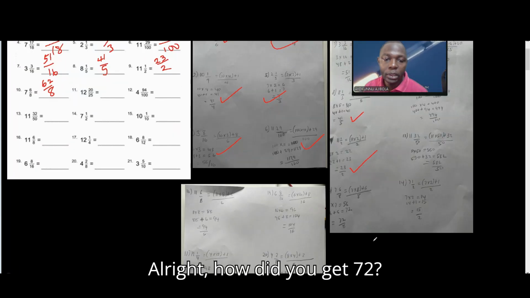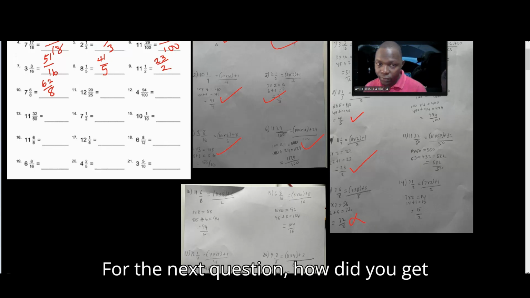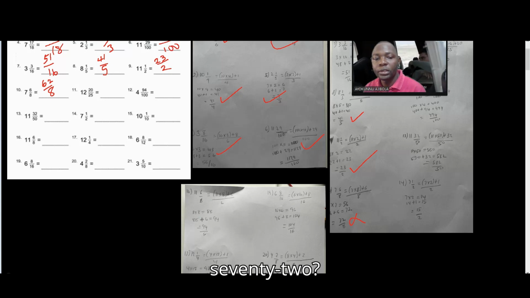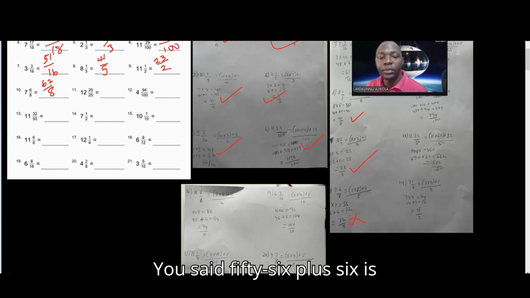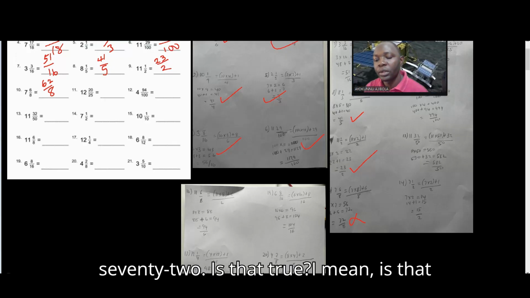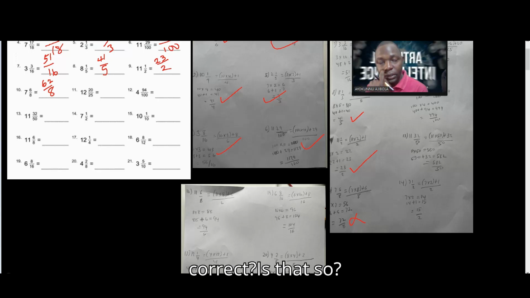How did you get 72? For the next question, how did you get 72? You said 56 plus 6 is 72. Is that correct?